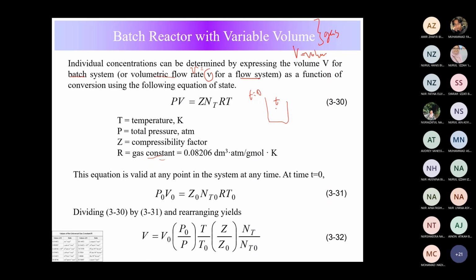Okay, so what we can do, we can equate it into one. Okay, kita macam nisbahkan lah, which is PV is equal to Z and T. See, this one is at any T and this one is T is equal to 0. Alright, T R T over with the, okay, this one is P naught sebab dia dekat time 0.